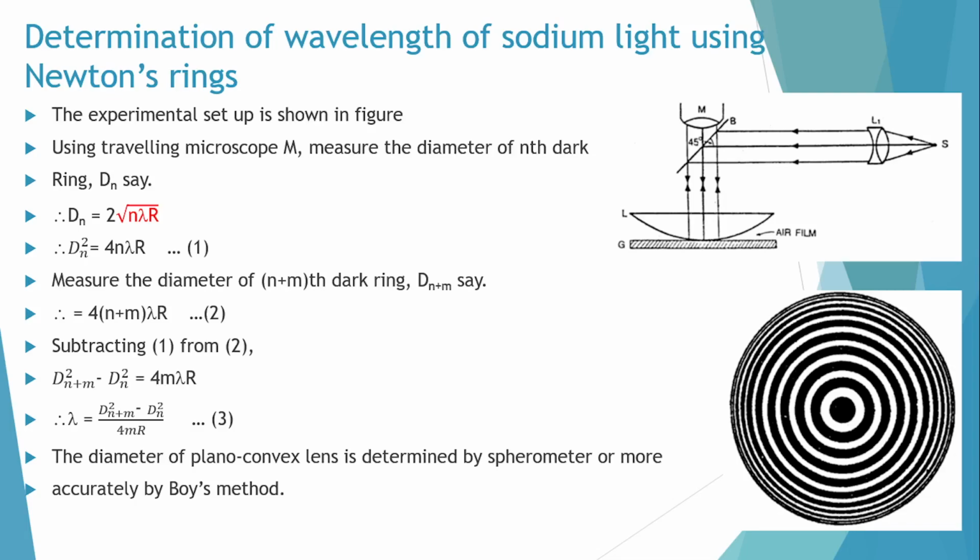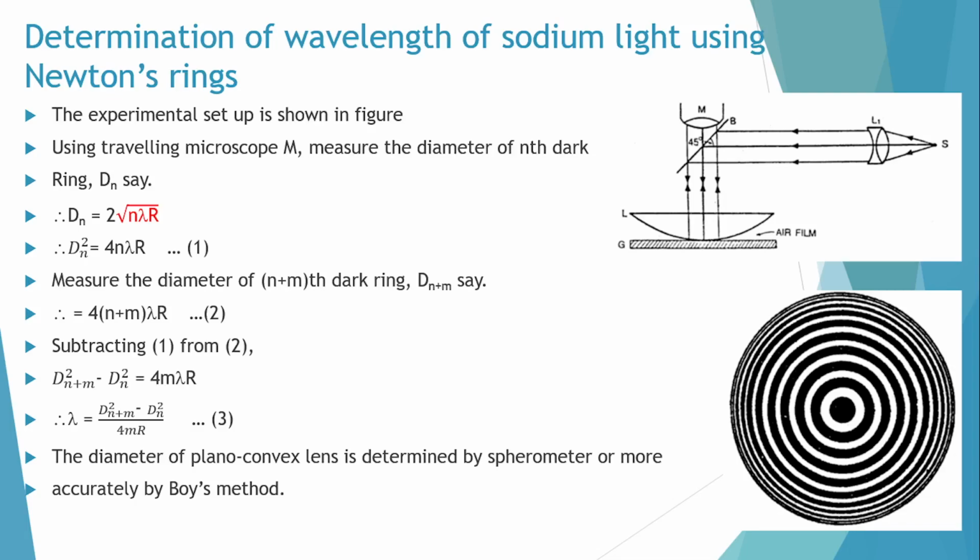We can rearrange the formula for measurement of wavelength. So lambda equals D(n+m) square minus Dn square, that is the square of the diameter of the (n plus m)th ring minus the square of the diameter of the nth dark ring, divided by 4 into m into R, where m is the difference between the orders of the rings.